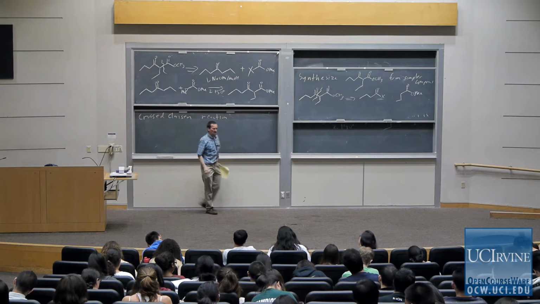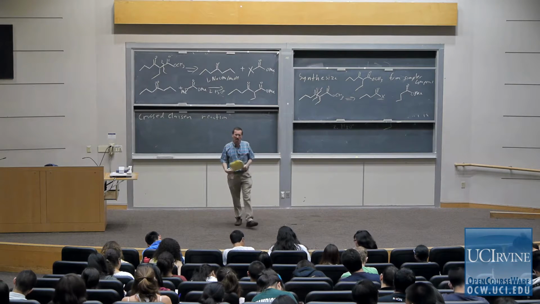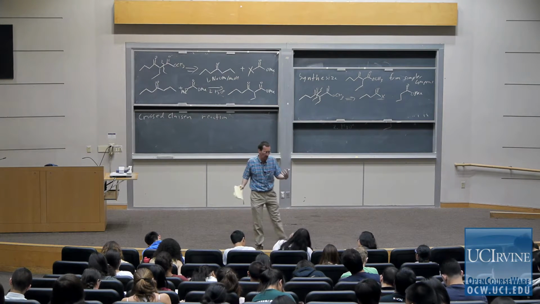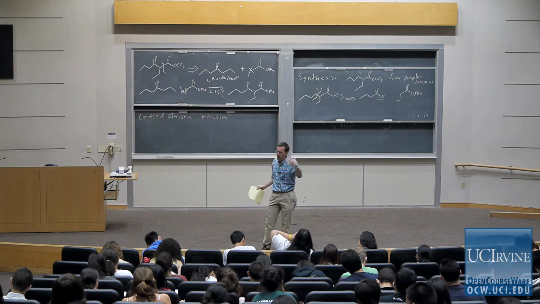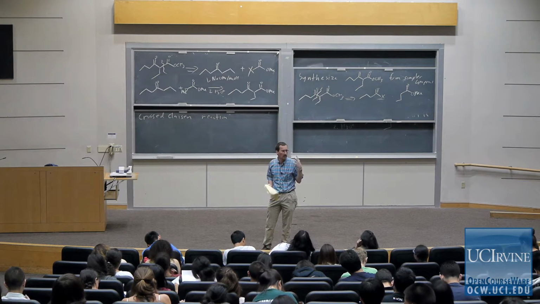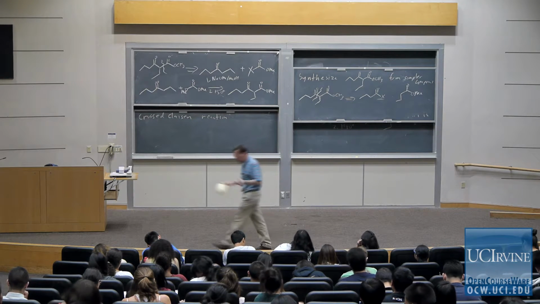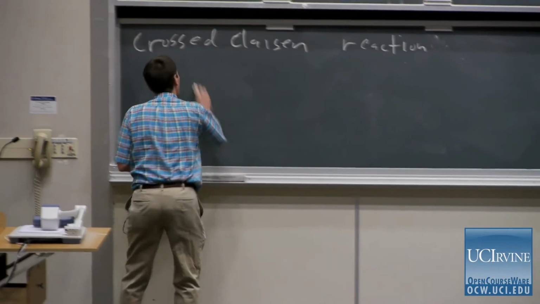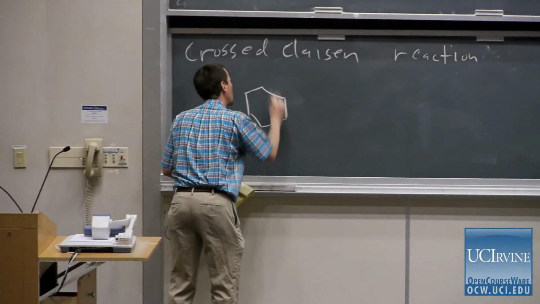Just like in the crossed-aldol reaction where we talked about one enolizable component, generally a ketone, reacting with another non-enolizable component, generally an aldehyde, one can have a cross-Claisen reaction. Let me give you another example. It's the example I mentioned earlier.